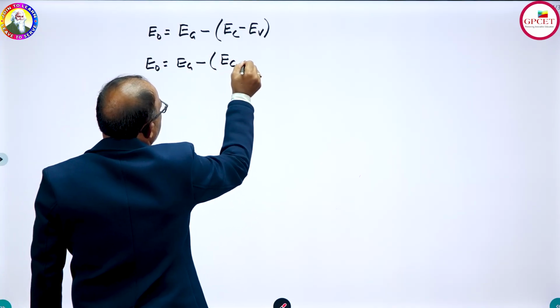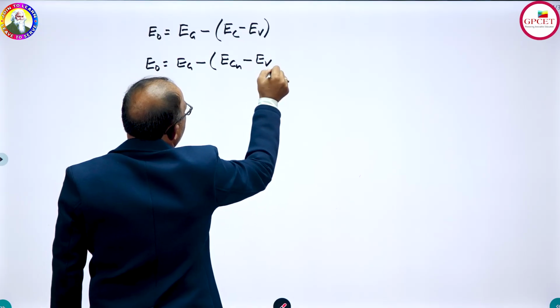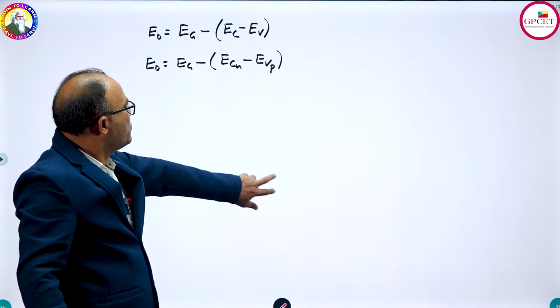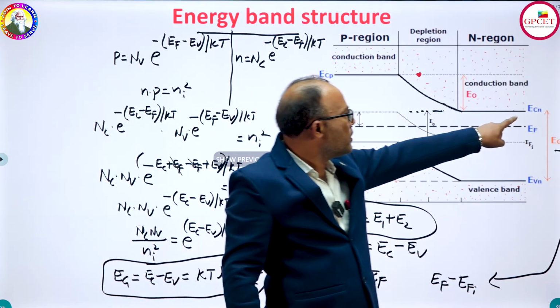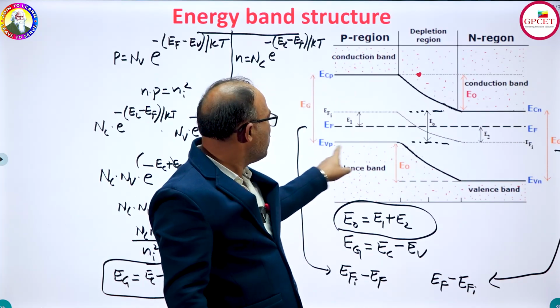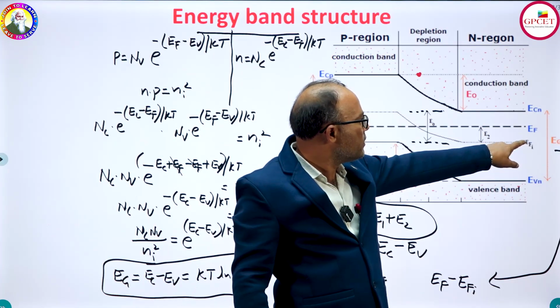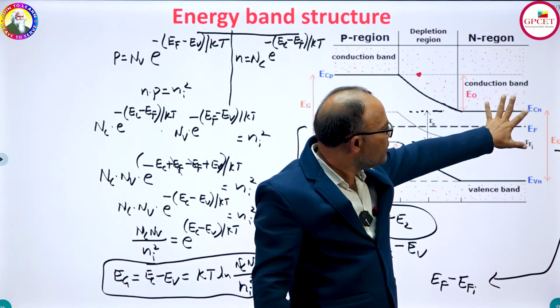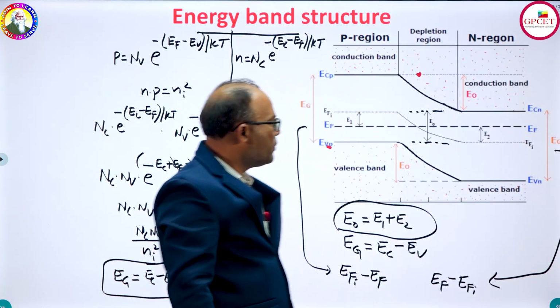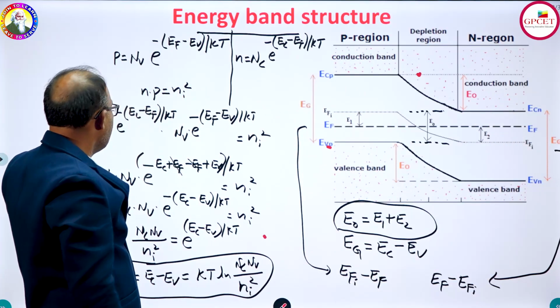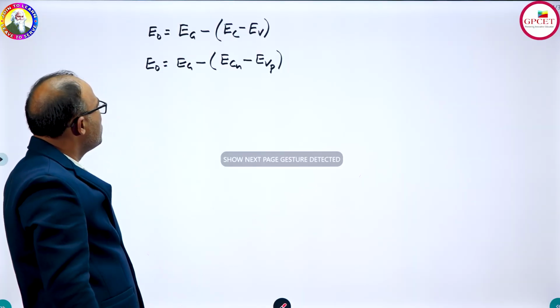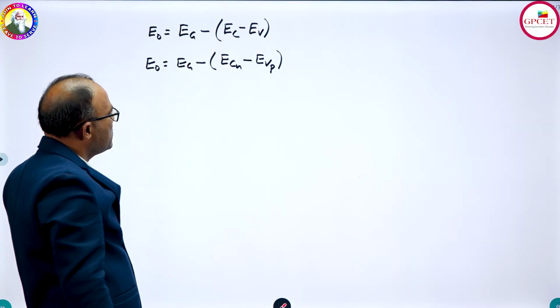Ec can be written as Ecn, and Ev can be written as Evp, at this level. So if you want to find this level, you need to subtract Ecn and Evp from Eg. Therefore, I got an expression E naught is equal to Eg minus (Ecn minus Evp).